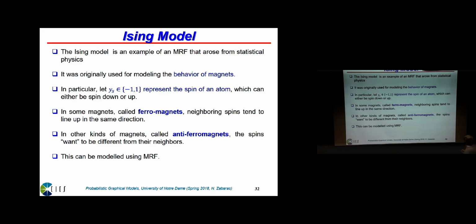These variables are binary variables, plus minus 1. You can think of spin up, spin down. When neighboring spins are in the same direction, you get what's called ferromagnets. When they try to align in opposite directions, you get anti-ferromagnets. Sometimes part of the system behaves one way and part the other way, and then in some sense you have a phase transition. Okay?